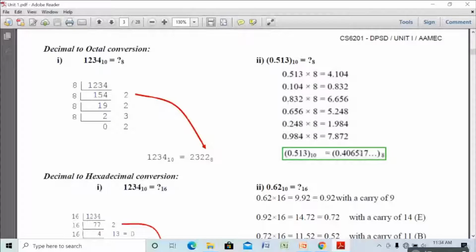So convert 19.11 in decimal to octal and put it in the chat box.